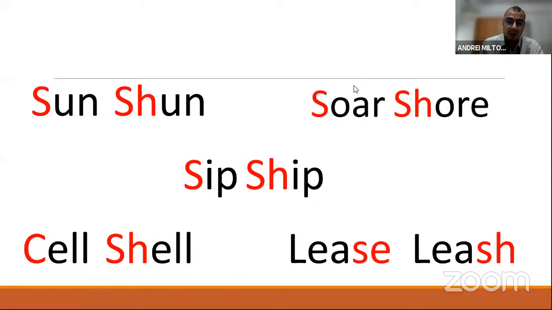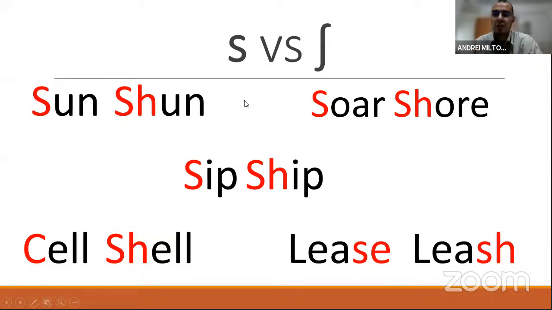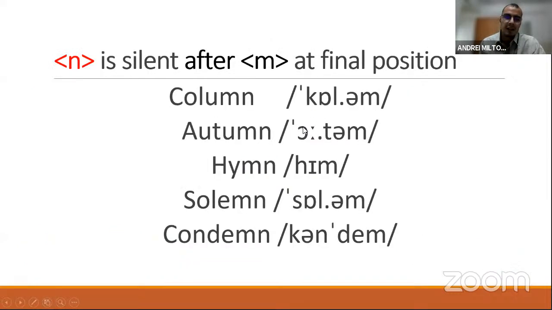Next one. Sip, ship, sell, shell, lease, leash. Very good. Like this. Try to do it. Shh. Huh? Try to do it. Shh. Akshita, try to do it. Shh. Yeah, good.